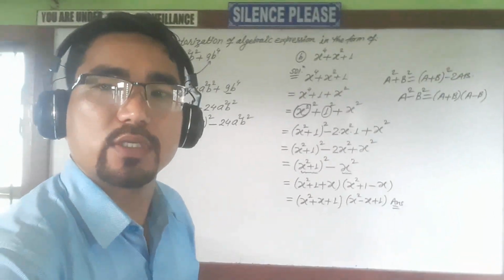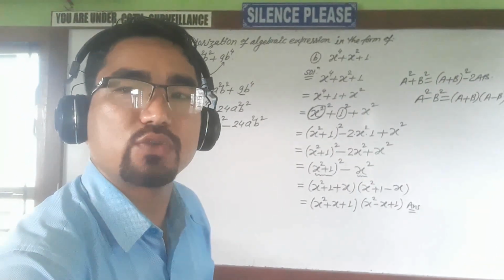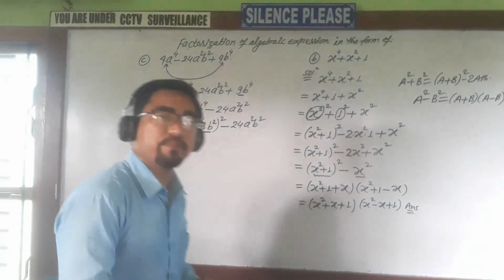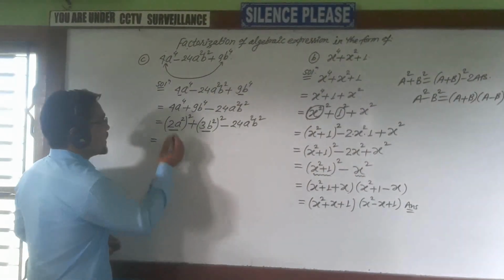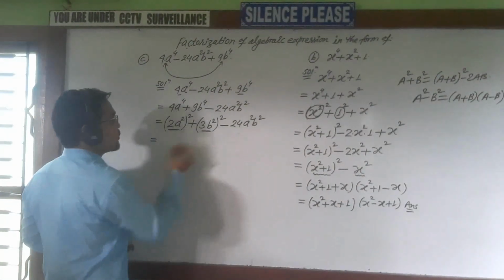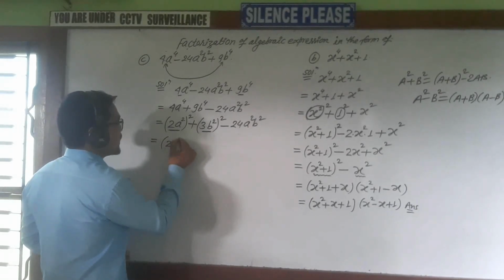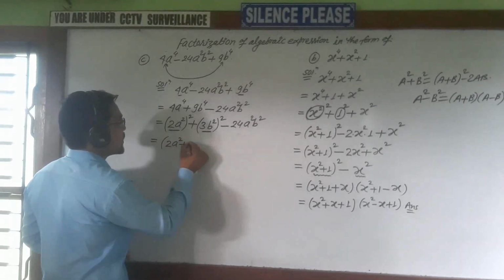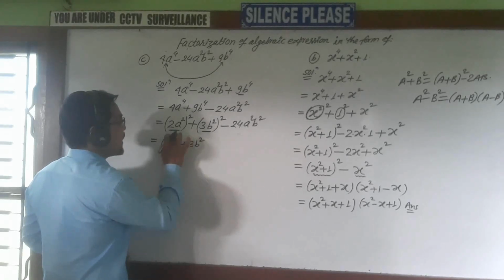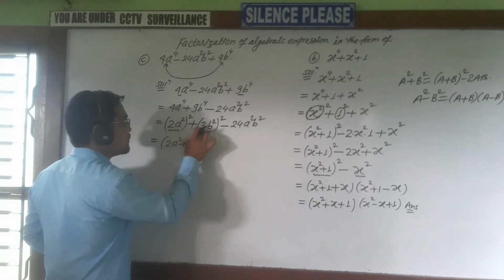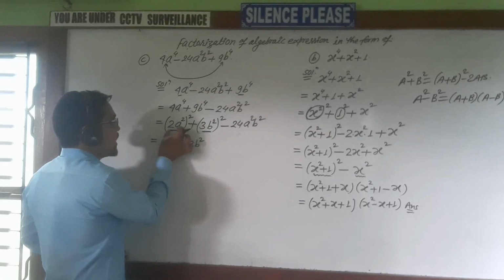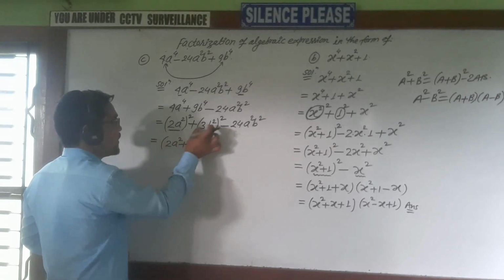Everybody knows this. This is a here, this is b. So let's write a plus b: a is here 2a square, plus b is here 3b square, according to the formula.